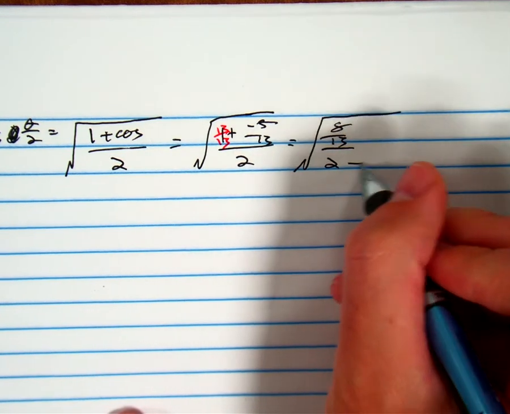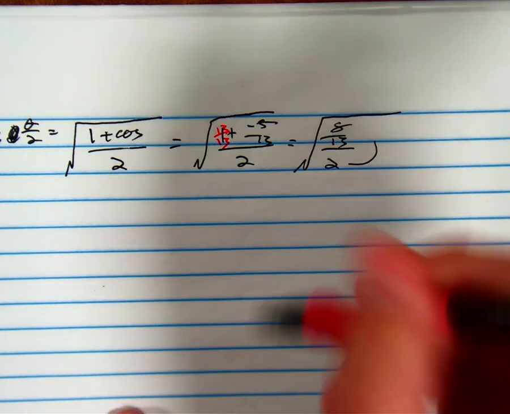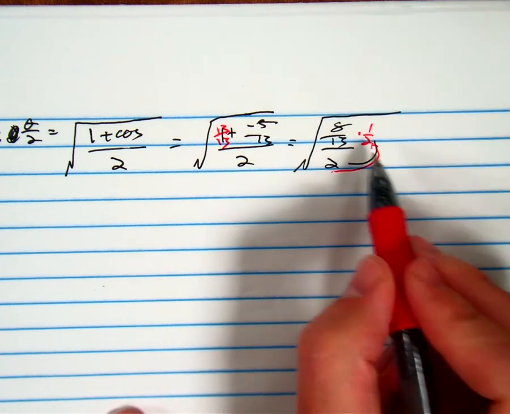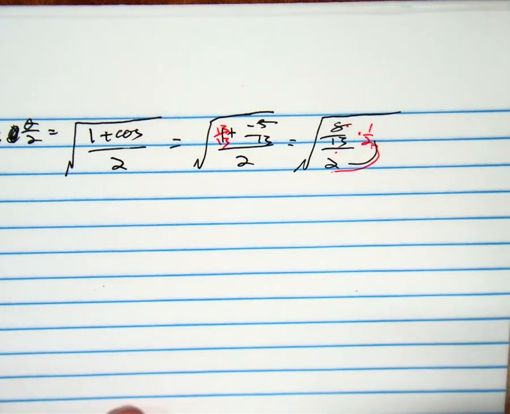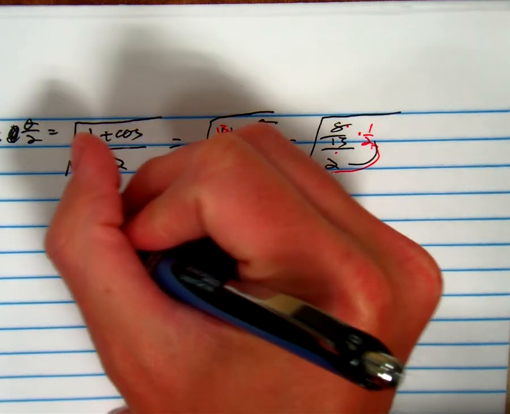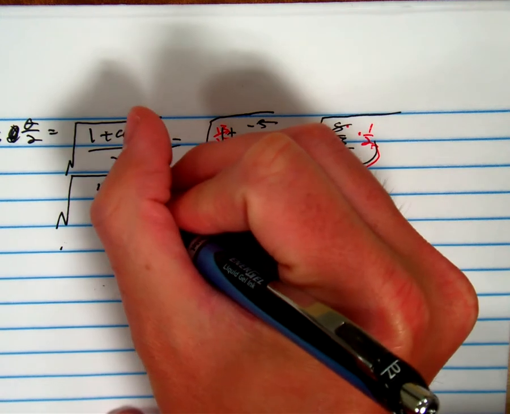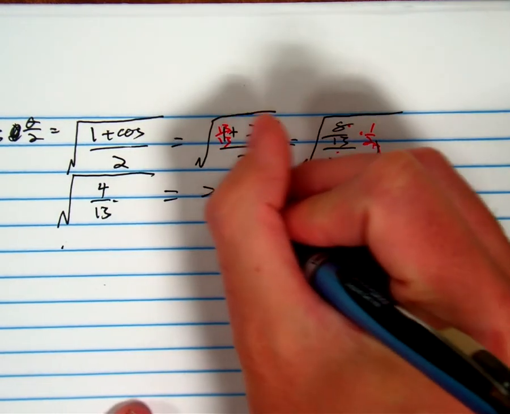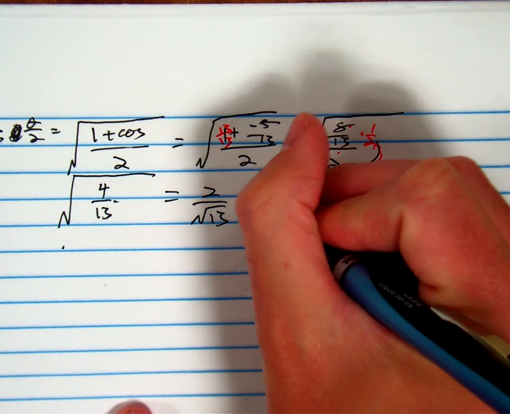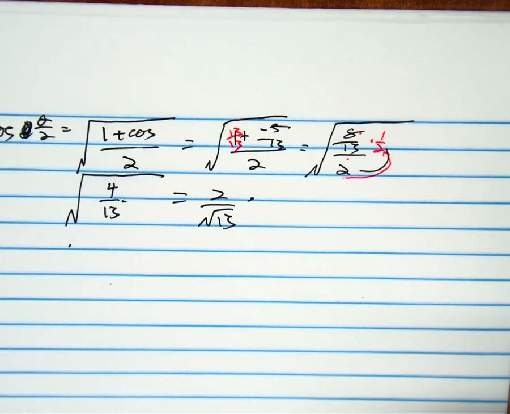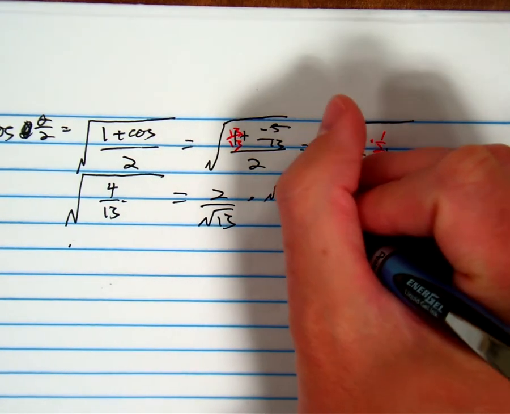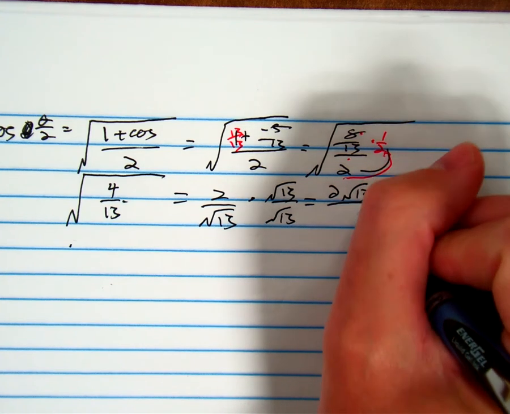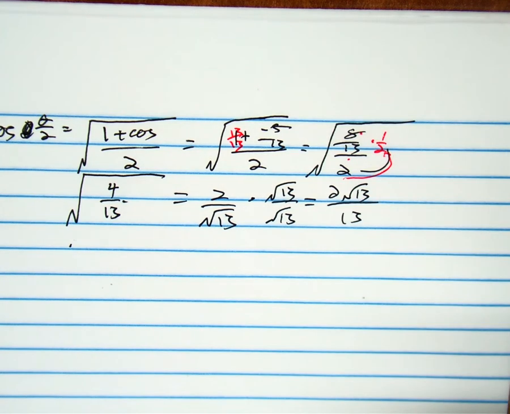Instead of dividing by 2, we're going to multiply by a half. And that'll be 4 on the top over 13. We can do the square root of 4, it's 2. I can't do the square root of 13. I also don't want a square root of 13 on the bottom of my final answer. So 2 radical 13 over regular 13.